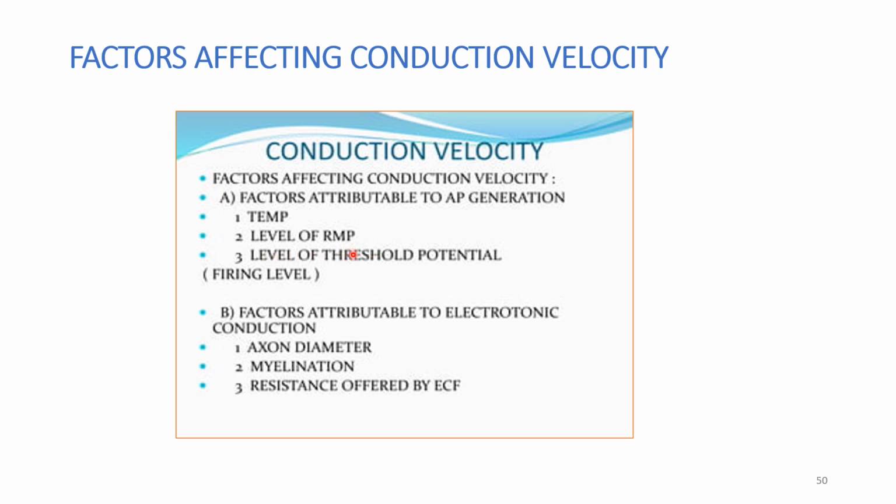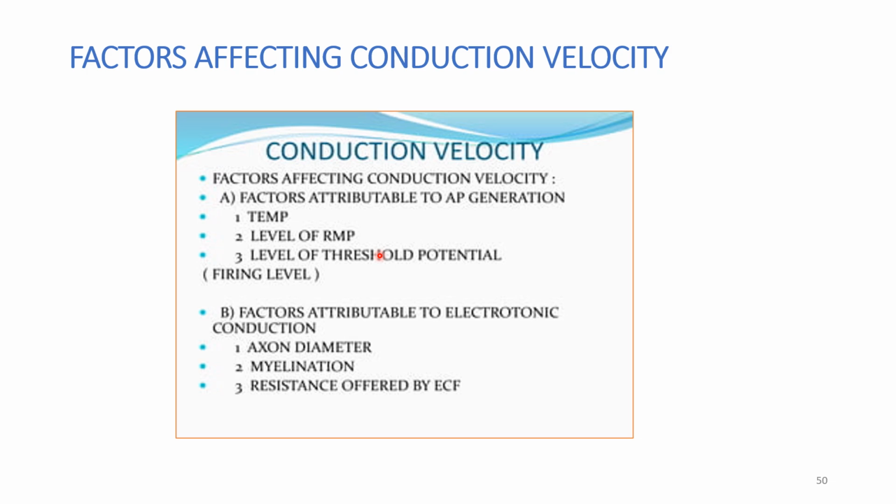If the RMP is less negative, it slows down both generation of action potential and electrotonic conduction. When RMP is more negative, it slows down the generation of action potential but speeds up the electrotonic conduction. So the resultant effect on conduction velocity is variable but usually a decrease.